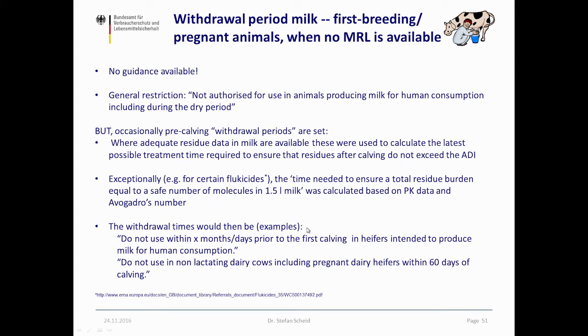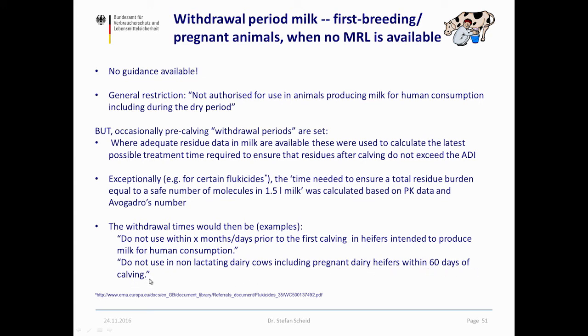And we also have examples which say do not use within X months or days prior to the first calving in heifers intended to produce milk for human consumption. This is for some macrolides. We have the restriction: do not use in non-lactating dairy cows, including pregnant heifers, within 60 days of calving.